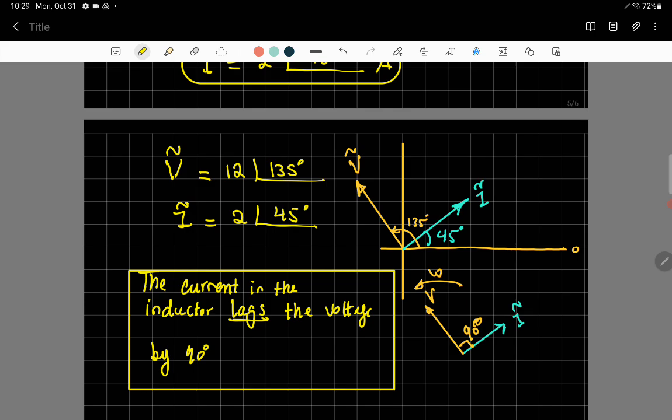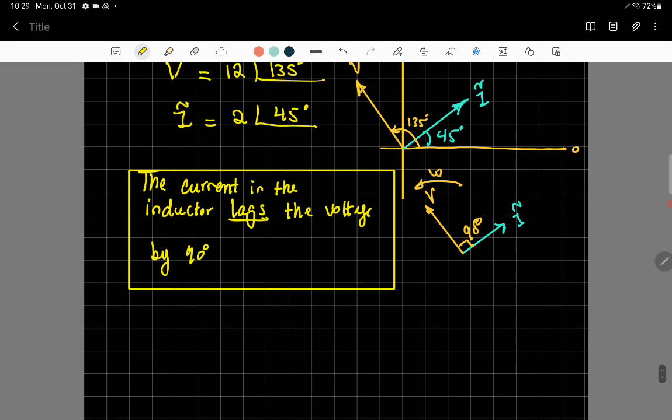Again, it's very important. The result that we got, what? The reactance of the inductor is directly proportional to the frequency. The impedance of the inductor is equal to jXL, which is equal to j omega L. The maximum current in the inductor is equal to Vm over XL.